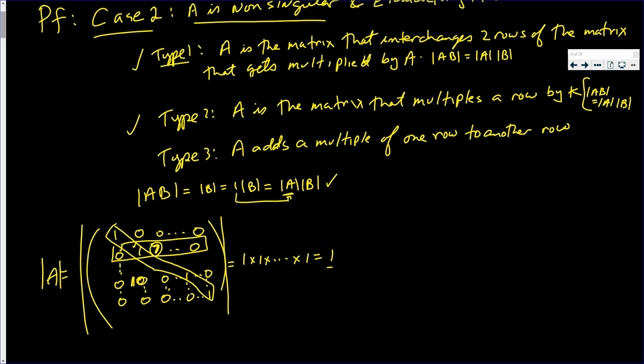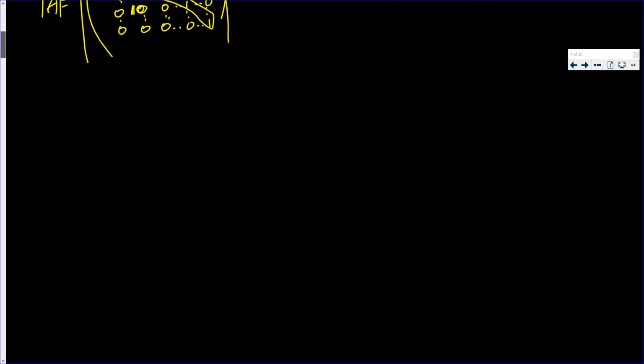For all cases, when it comes to elementary matrices A, we know that the determinant of AB is the determinant of A times the determinant of B, if A is elementary. Now to the real case. So let's write this down.